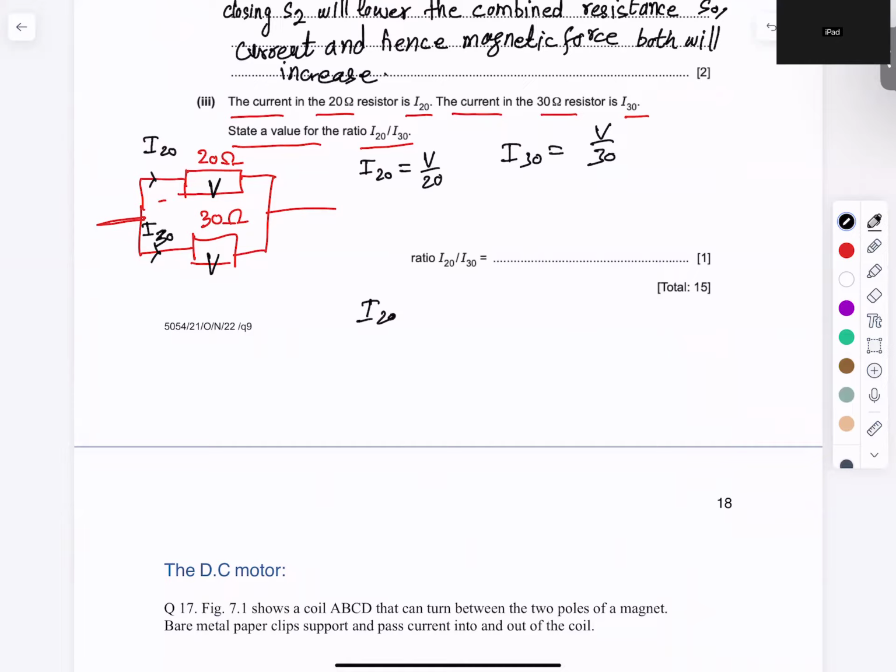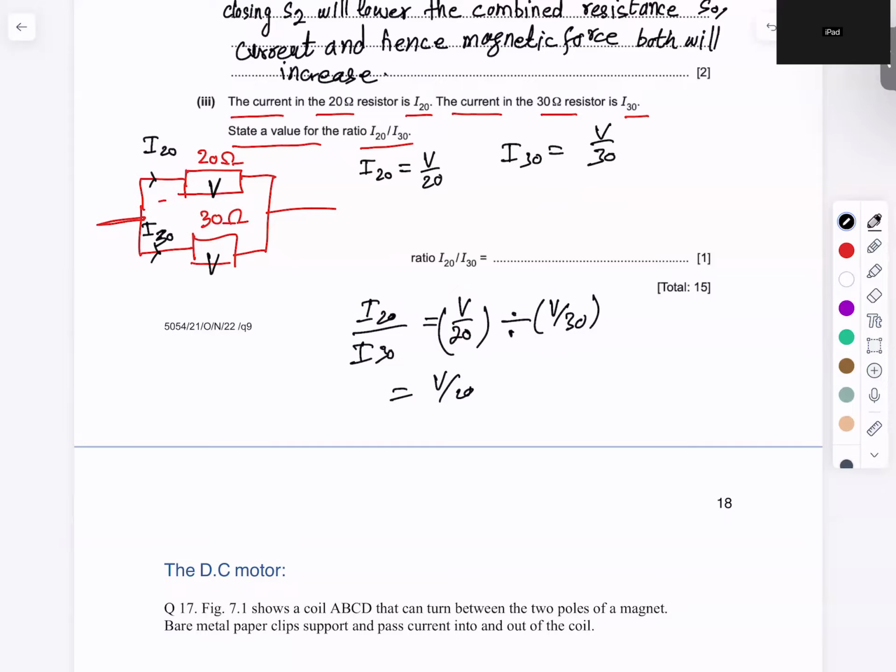So I20 over I30 will be equal to V over 20 divided by V over 30.